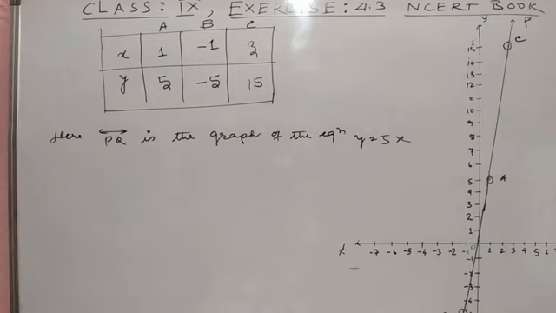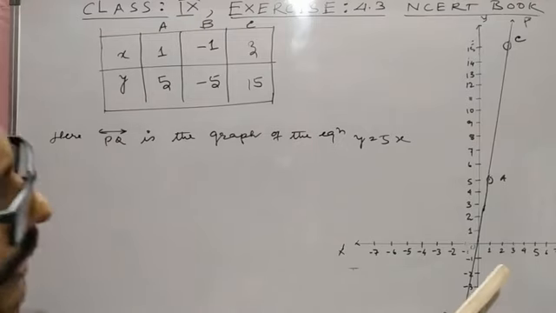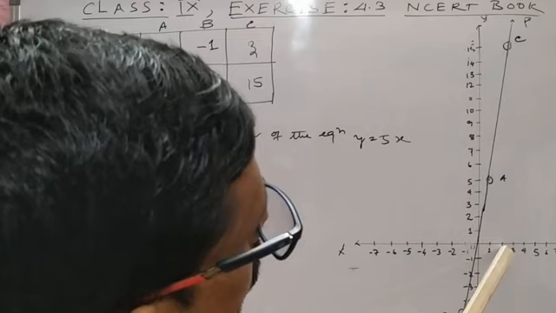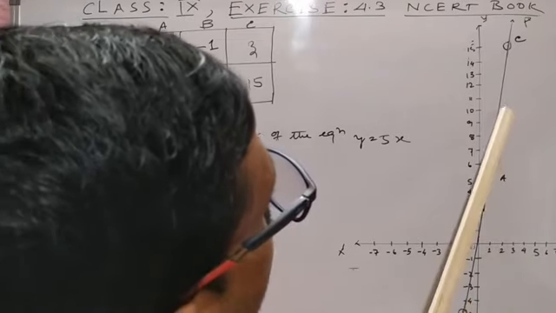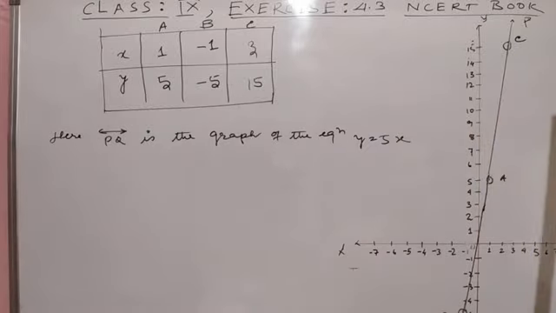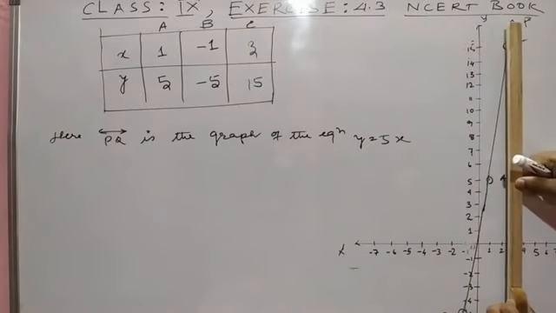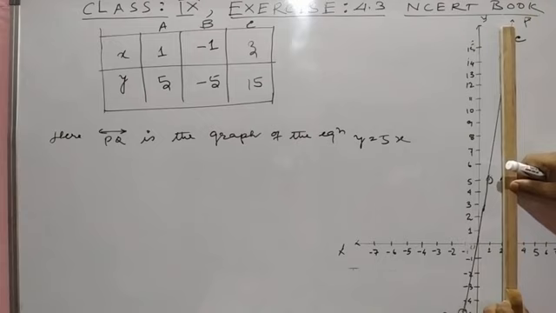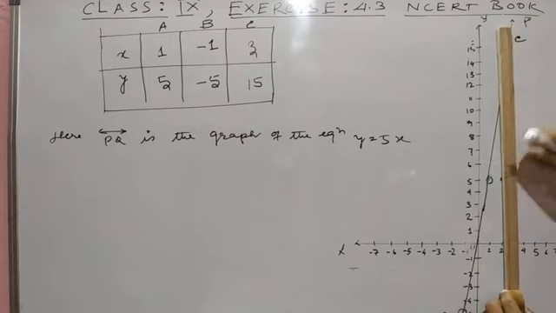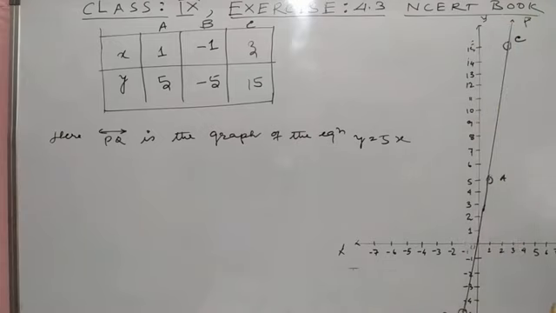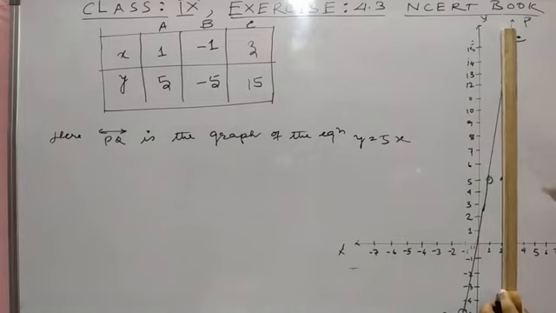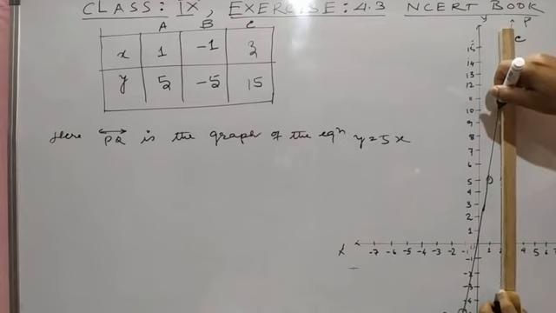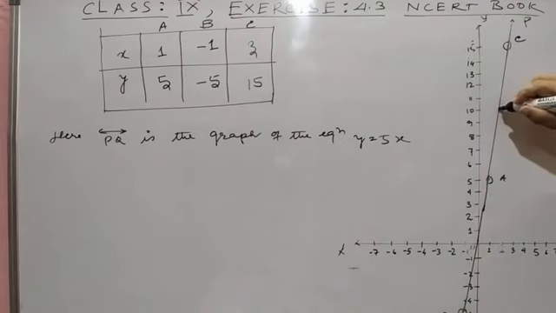Now from the graph you see, when x equal to 2, then y will be 10. Definitely it will intersect here. When x equal to 2, then y will be 10.